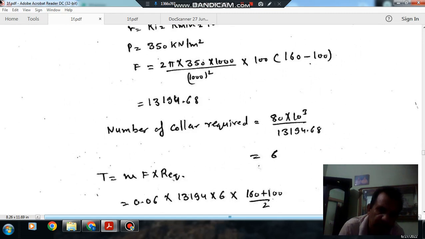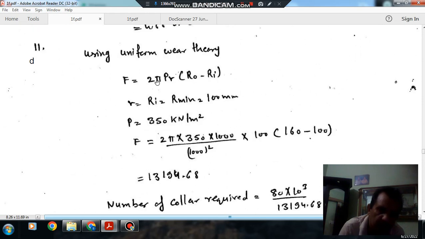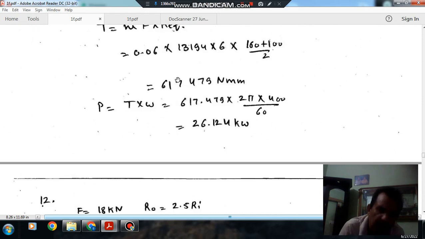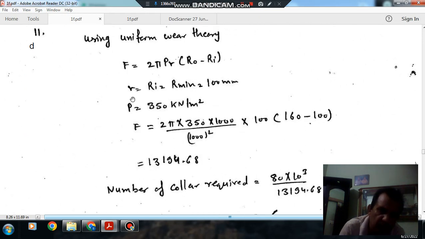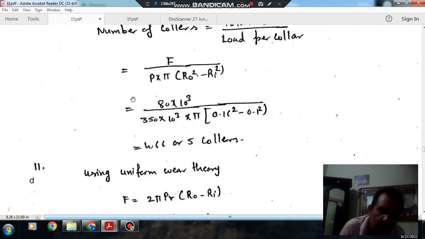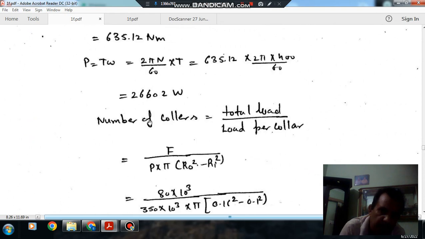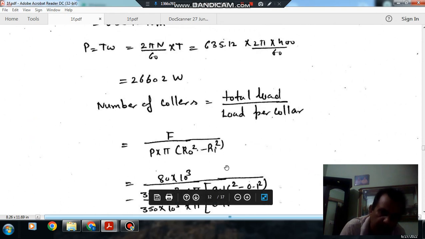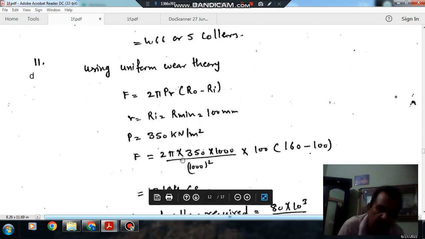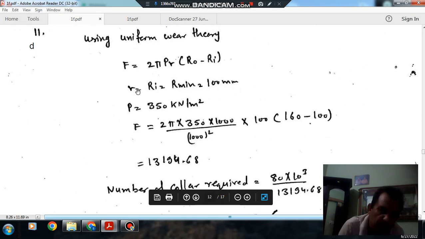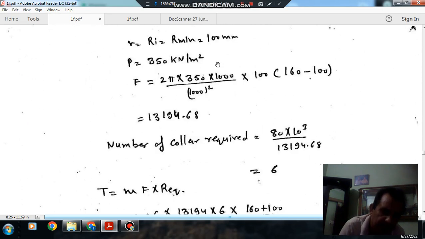So the difference is in F, T and F and R equivalent in both the theories. F in case of uniform pressure theory is P into area, where F means load on one collar, and in case of uniform wear theory it is 2 pi PR into R naught minus Ri.